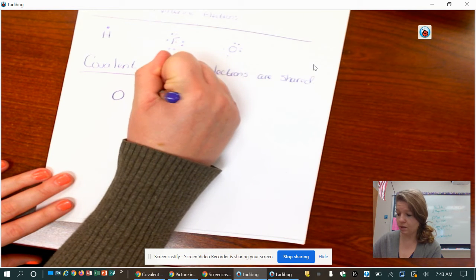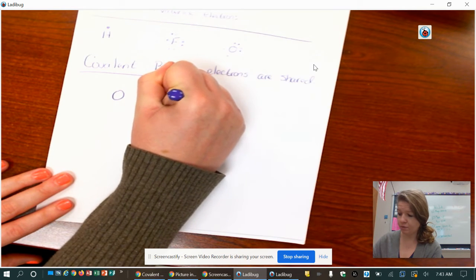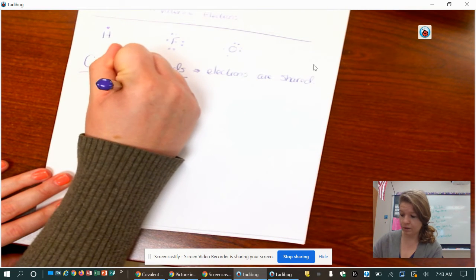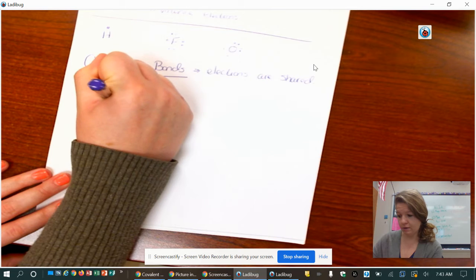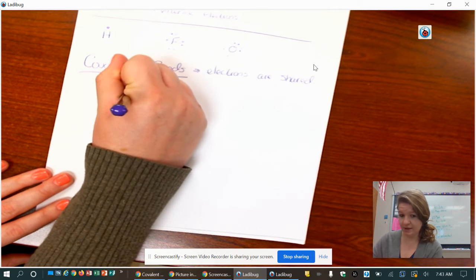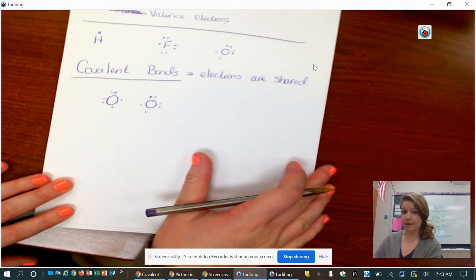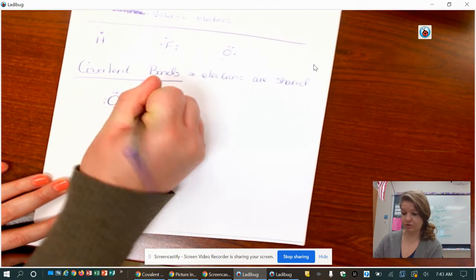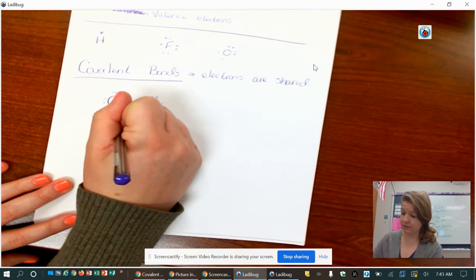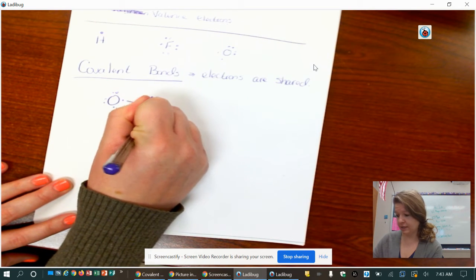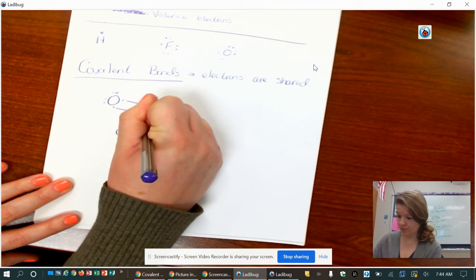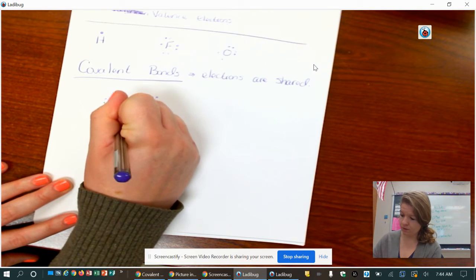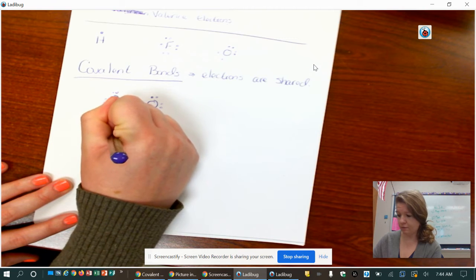Starting out, 1, 2, 3, 4, 5, and 6. 1, 2, 3, 4, 5, and 6. What happened is these electrons formed a bond, and these electrons formed a bond. So our Lewis dot structure looks like this. 1, 2, 3, 4.